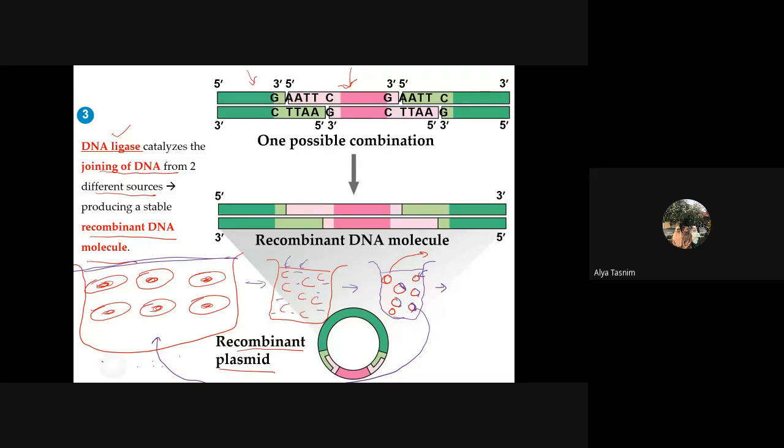So one possibility is bacteria that did not take any plasmid. Remember, look at this: these are bacteria that did not take any plasmid. And these are bacteria that took up the recombinant plasmid.